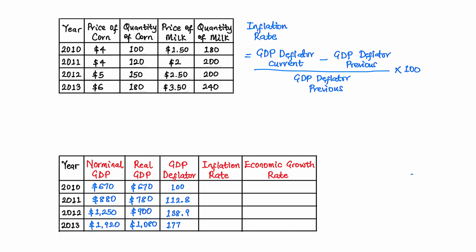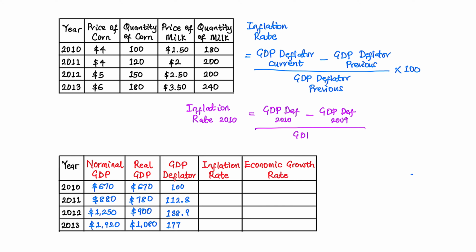So, to calculate the inflation rate for 2010, that will be equal to the GDP deflator of 2010 minus the GDP deflator of 2009, because 2009 is the previous year, divided by the GDP deflator of 2009, then multiply by 100.